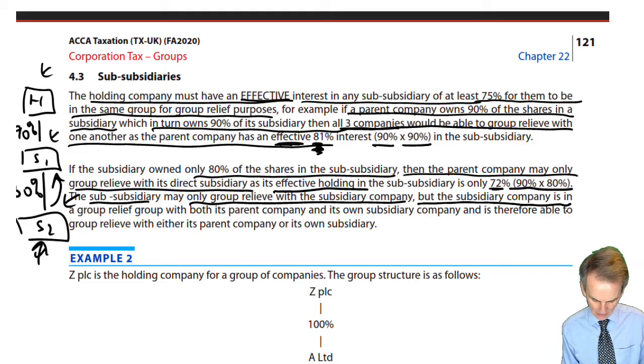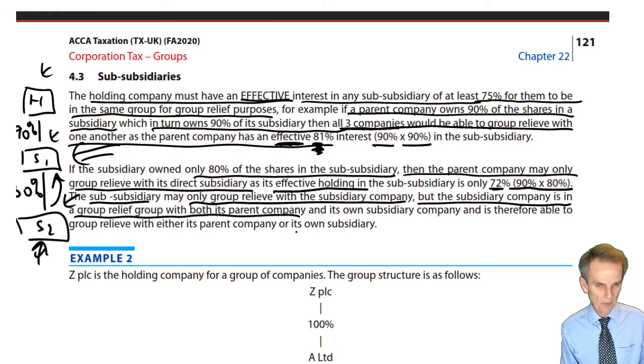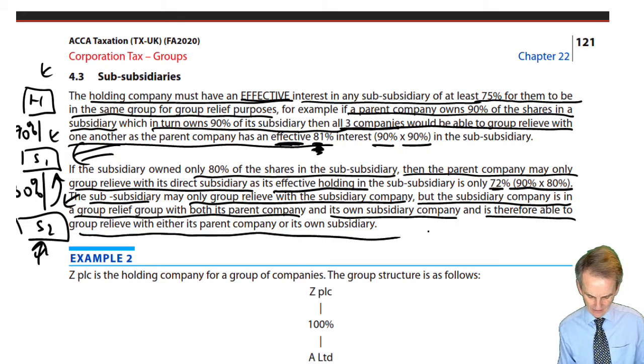But the subsidiary company, S1, is in a group relief group with both its parent company, H, which owns 90% of it, so they are in the same 75% group, and its own subsidiary, S2, as S1 owns 80% of S2. It is therefore able to group relieve with either its parent company or its own subsidiary.